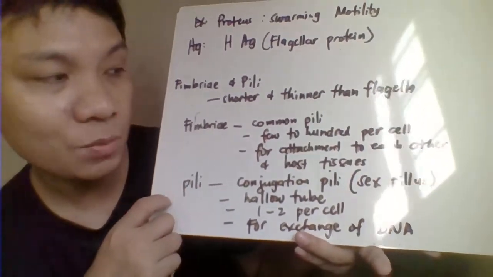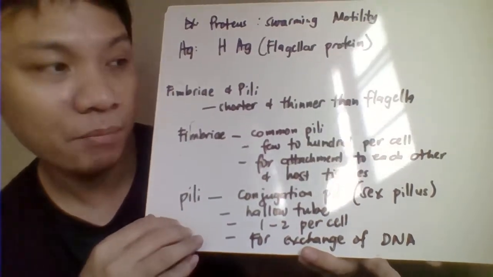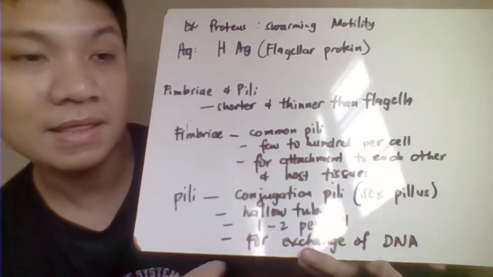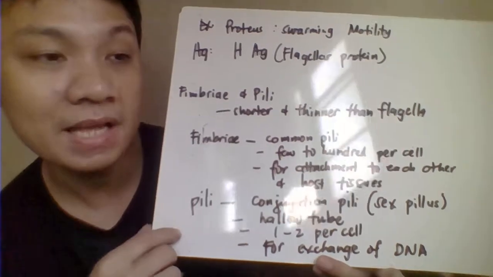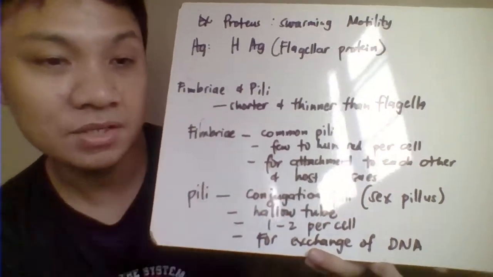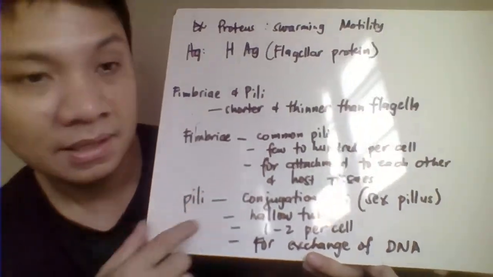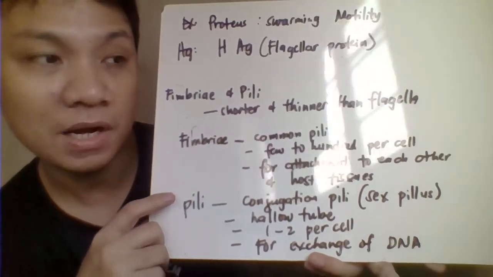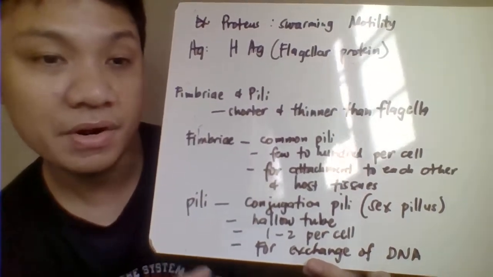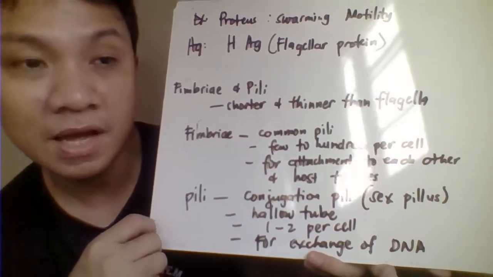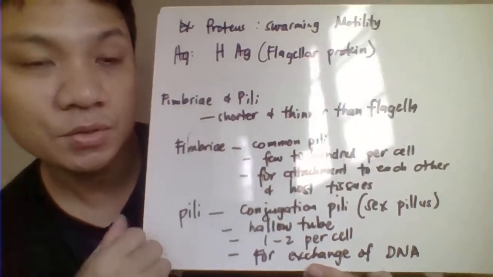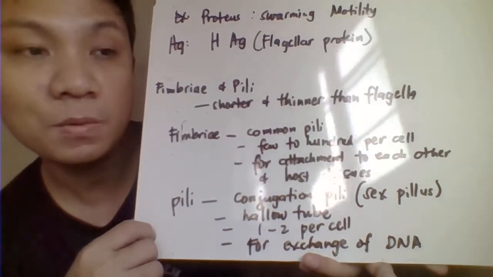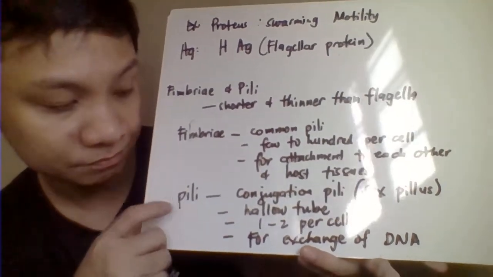You could find approximately a few to hundreds of fimbriae projecting from each cell. The main function of the fimbriae is for the bacteria to attach to one another, or to attach to the surface or tissues of the host in order to invade and cause infection.